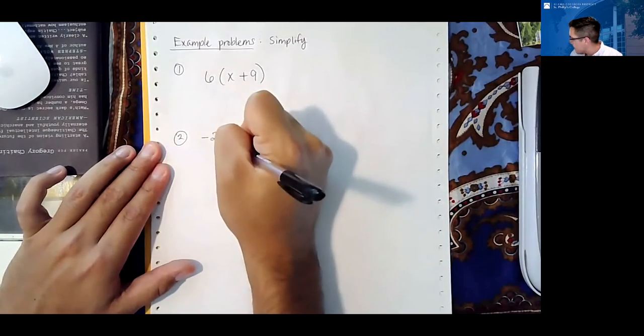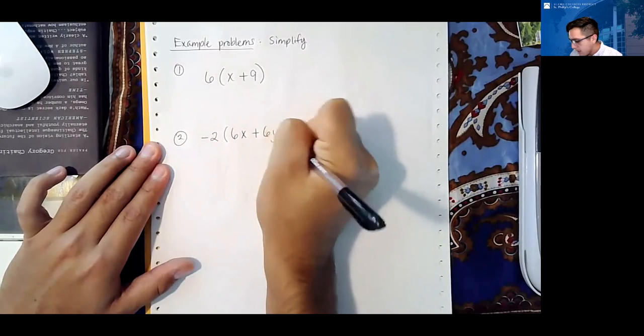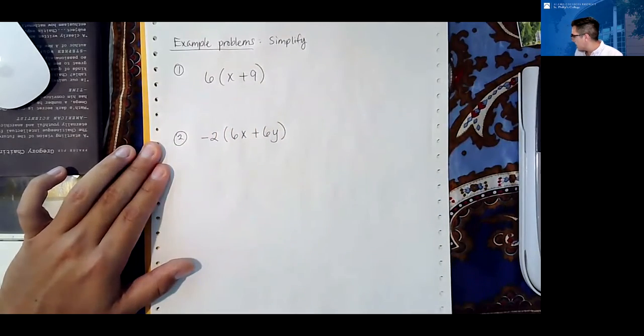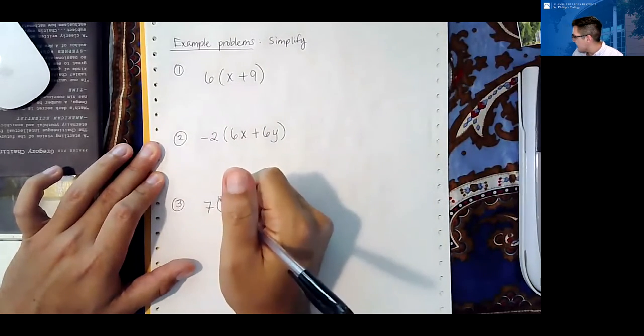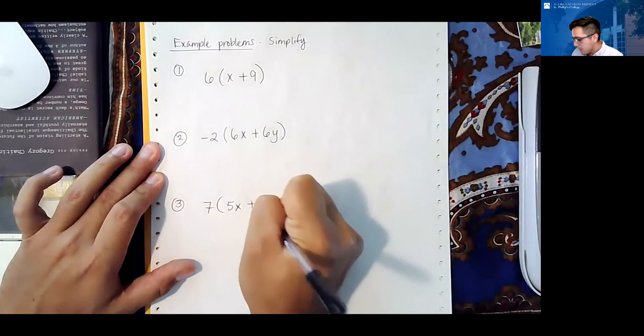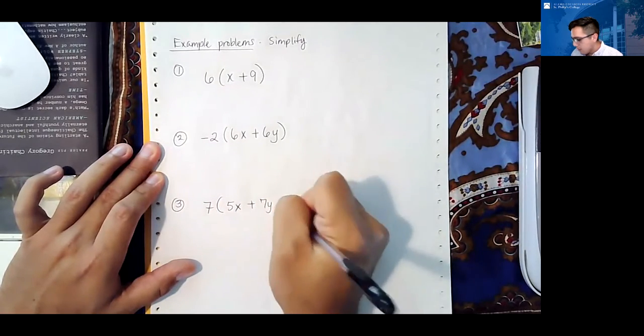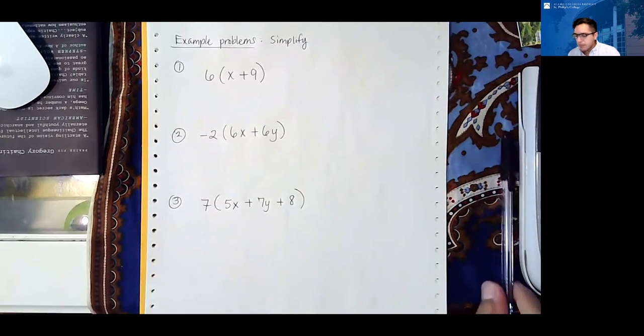Okay, so we're just going to use the distributive property to simplify, quote unquote, these expressions as much as we can.